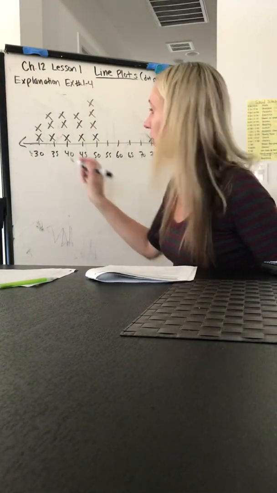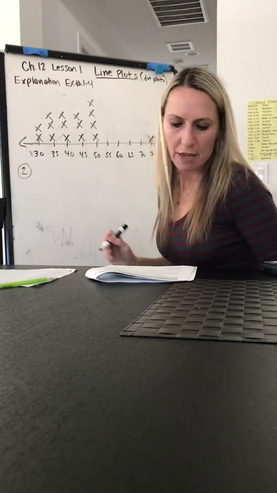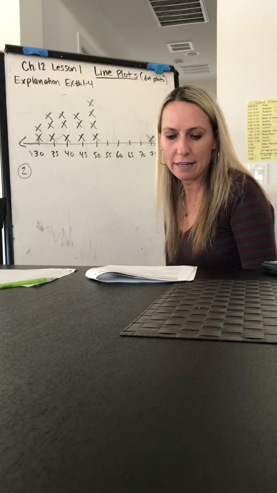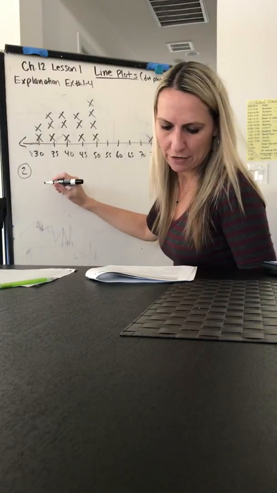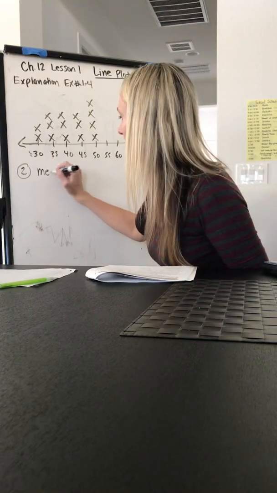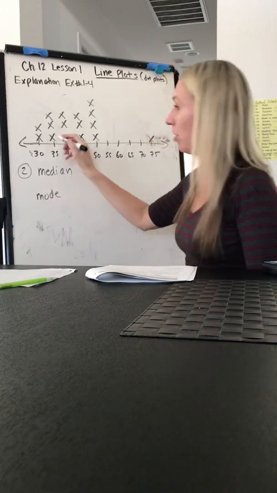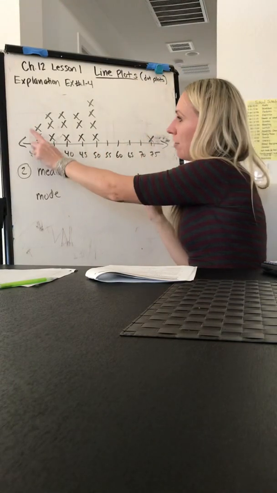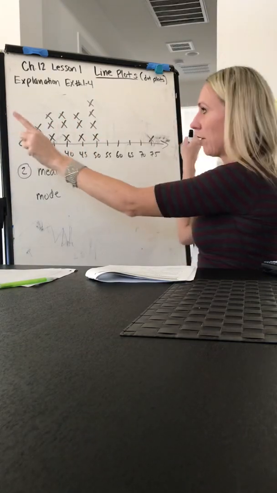Okay, so example 2 says, find the median and mode of the data, then describe the data using those. So we're going to find the median, which is the middle number, and the mode. Now I could write all of these in a list. I could say 30, 30, 35, 35, 35, 40, 40, 40, and go like this.